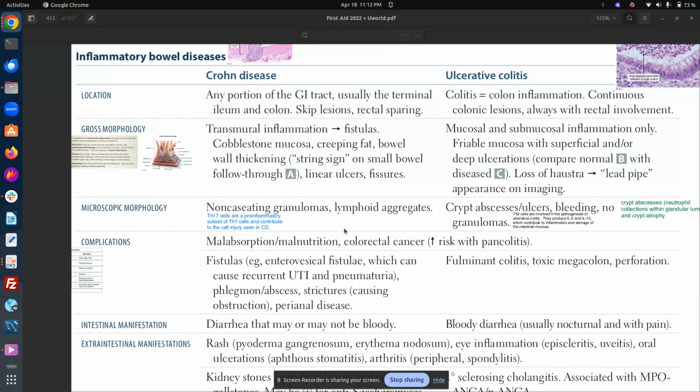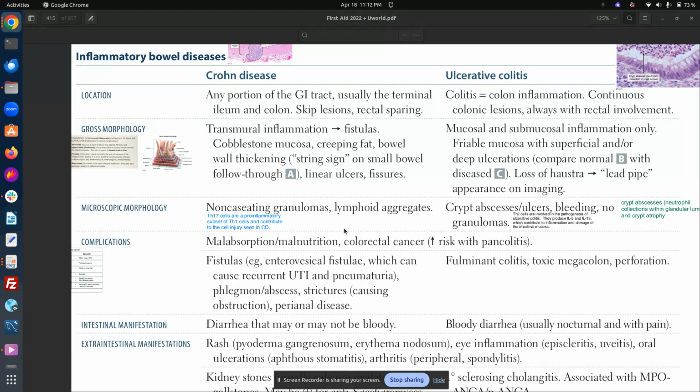So that will lead to the formation of enterovesical fistula, enteroenteric fistula, enterovaginal fistulas. So first is fissure, second is fistulas. Two complications: malabsorption. Third complication: colorectal cancer. Fourth complication: because of the fistula formation, it can cause recurrent UTI.